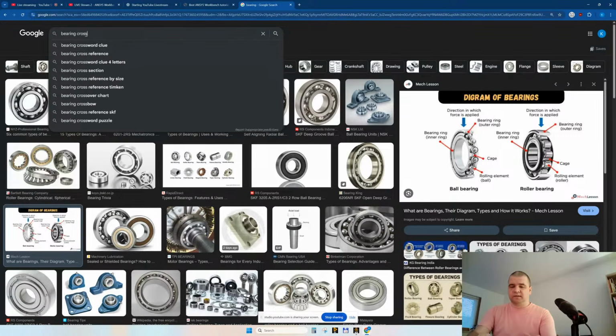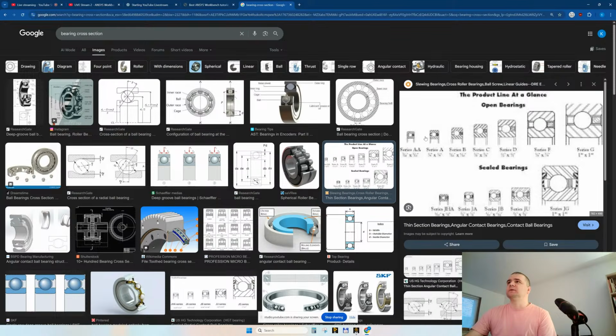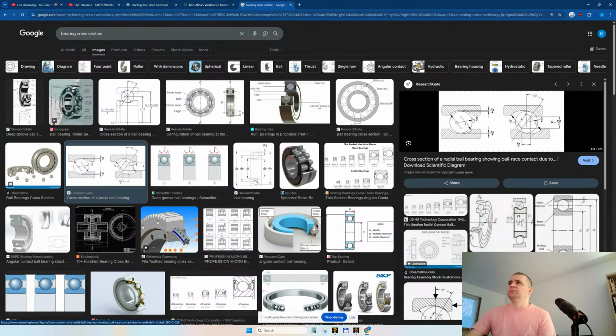Do we have a cross section? Let's see. So this is what we will do in principle. We have an outer race or outer cylinder, an inner race, inner cylinder, the ball or the roller, the element that rotates. Then there is a cage which holds all these balls together at a certain distance.